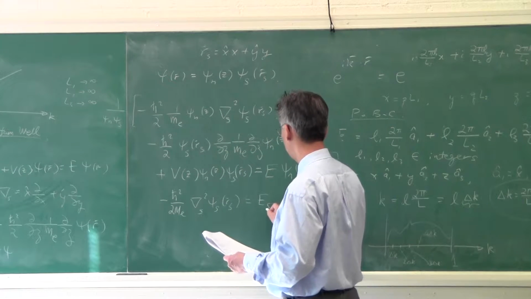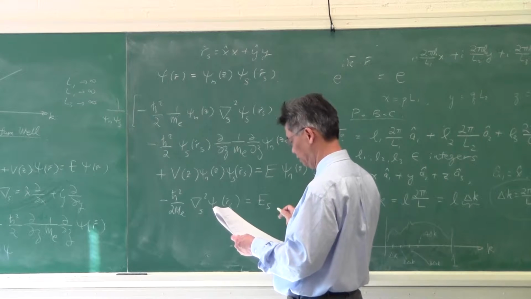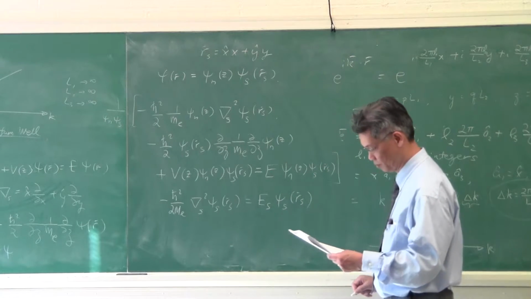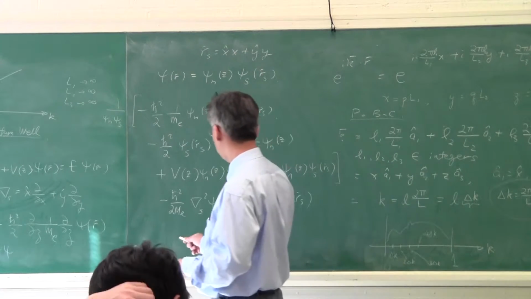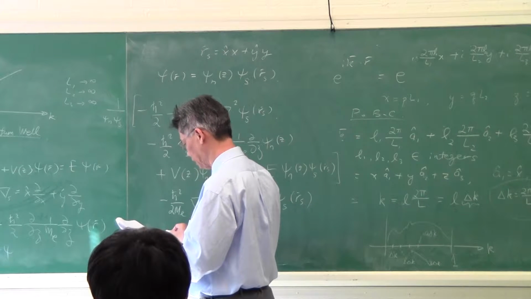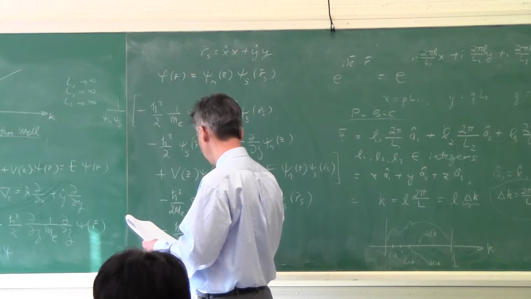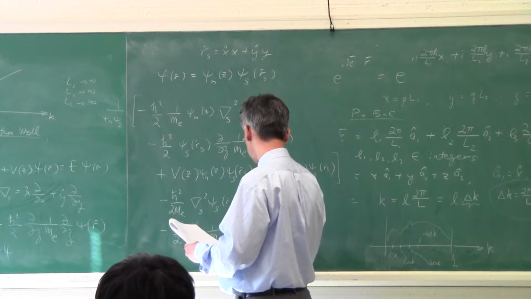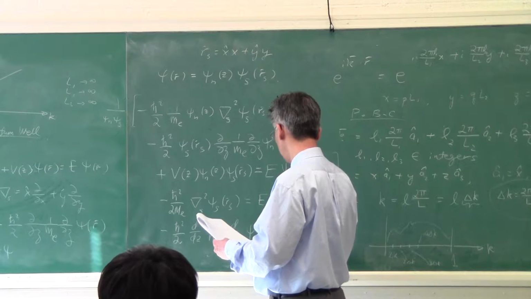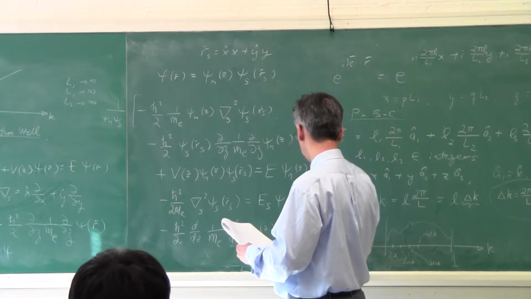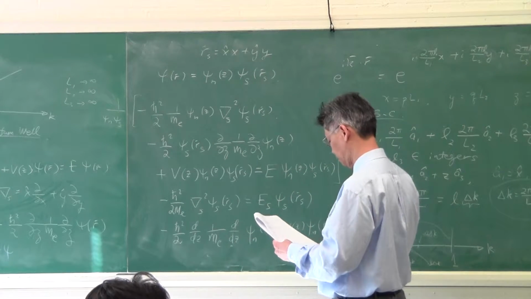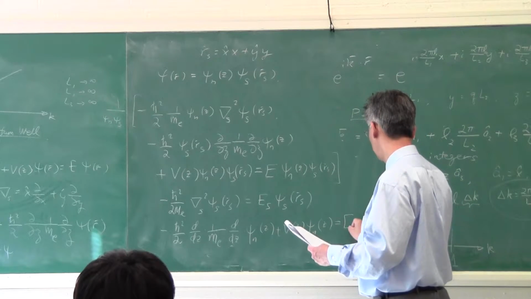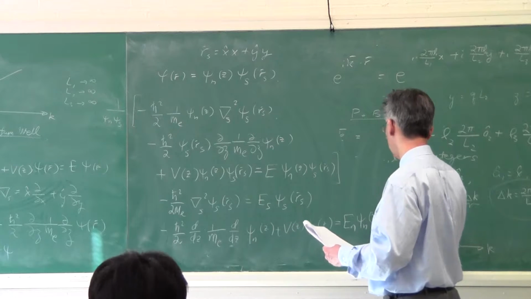And let me give it a new eigenvalue that's different from E. And then the second equation will look something like this: partial z, 1 over m e, partial z of psi n z, plus V of z psi n z, and then I will give you a different eigenvalue, E sub n, times psi n z.